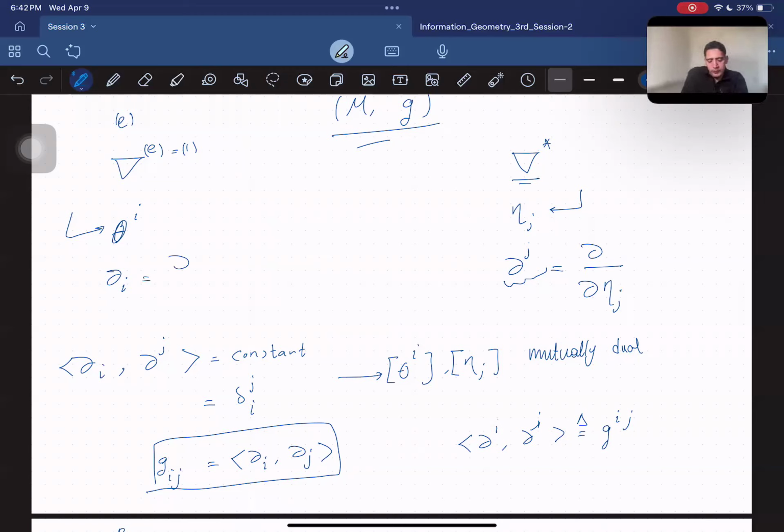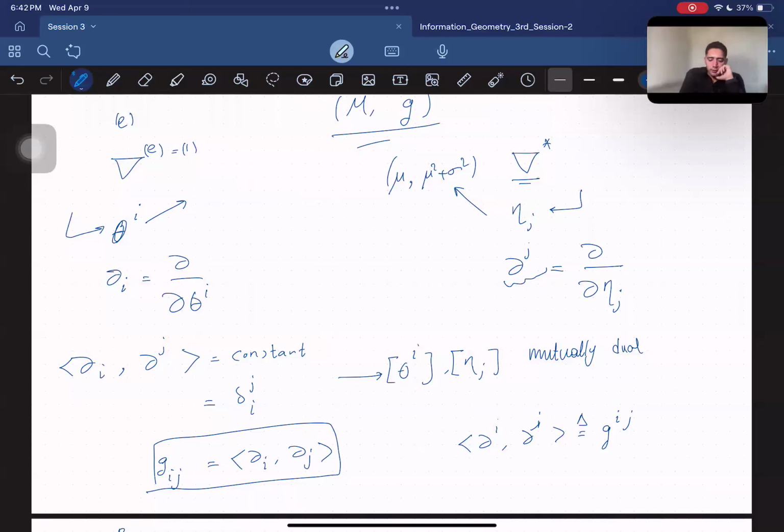This was taking derivative with respect to theta i. Consider these two ways of parameterization. For example, this is mu and sigma squared for the usual normal distribution.